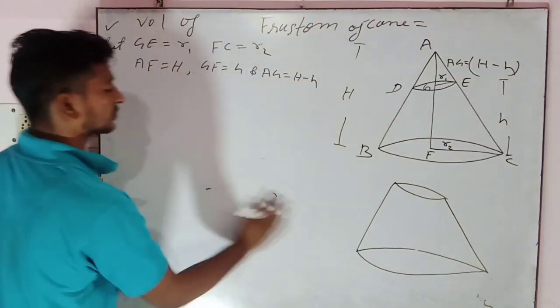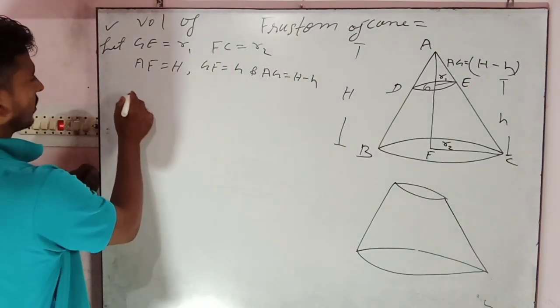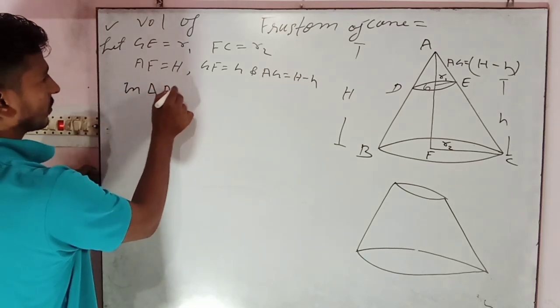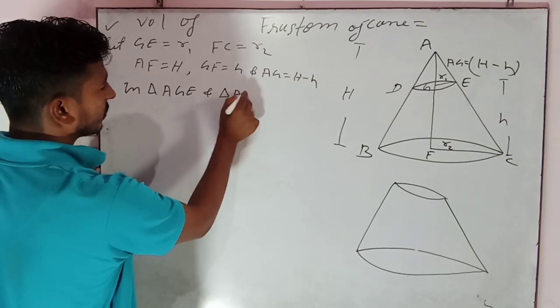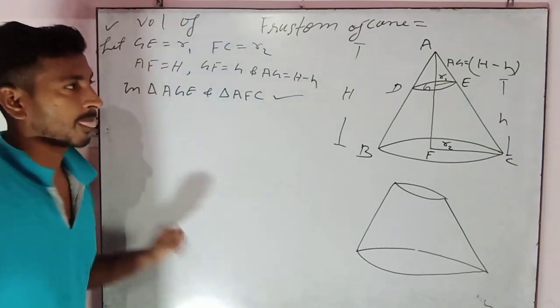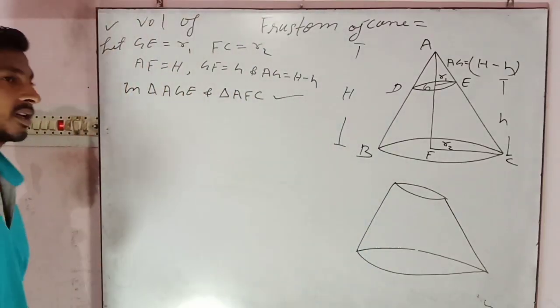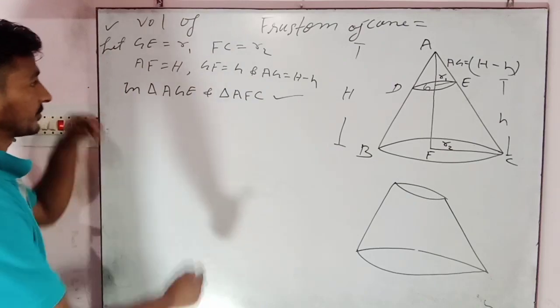Now we will work in triangle AGE and triangle AFC. AGE and AFC. Can we say or can we show the both triangles are similar?